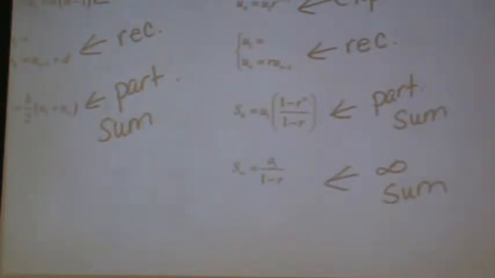And this is the partial sum. This one is explicit. This is recursive. This is partial sum, I'm just abbreviating, and infinite sum. Okay? You should know these.